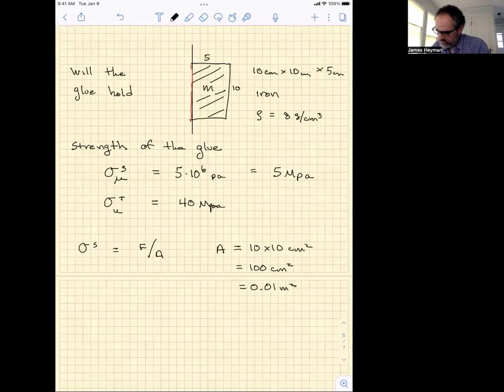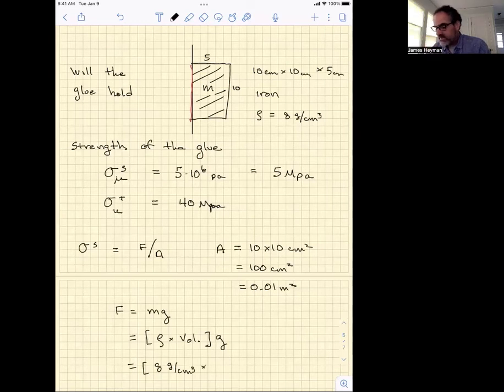What about the force? Well, the force is mg, and here m is equal to the density times the volume. And so that's the following. It's 8 grams per centimeter cubed times the volume.